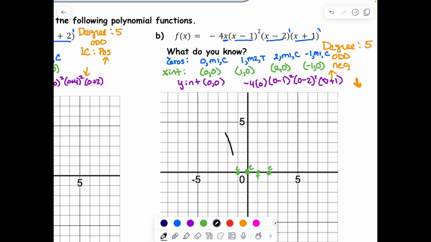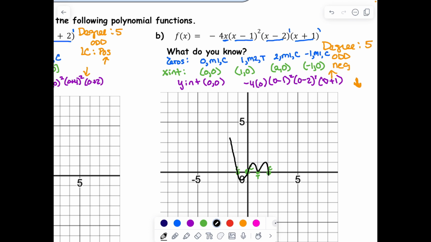Okay, so we're going to come here and we're going to start going up. We're going to come down and we're going to cross. We're going to cross. We're going to come back down and touch. That's really horrible. Let me rewrite this. Okay, so we're going to come from above. We're going to cross, cross, come down and touch.